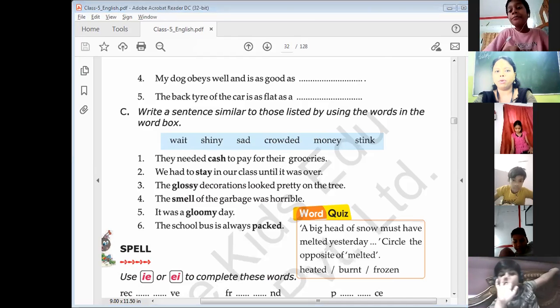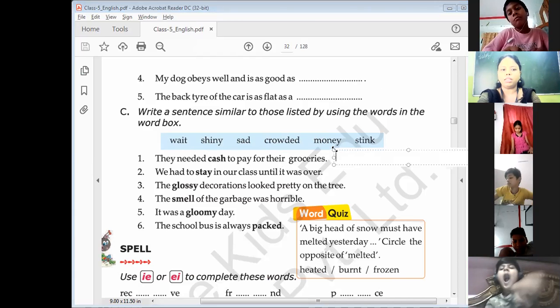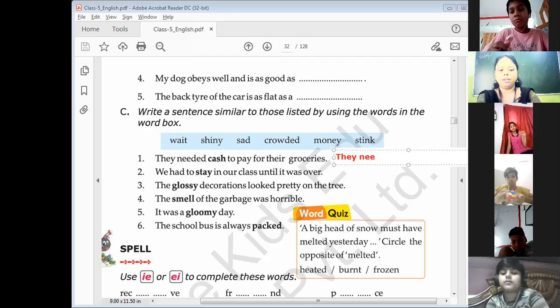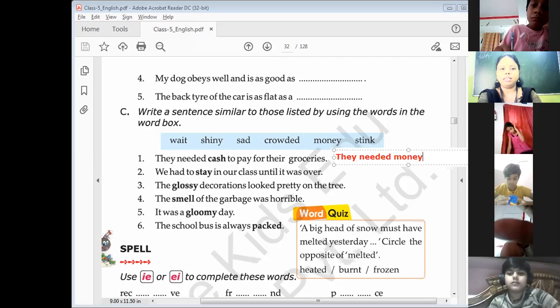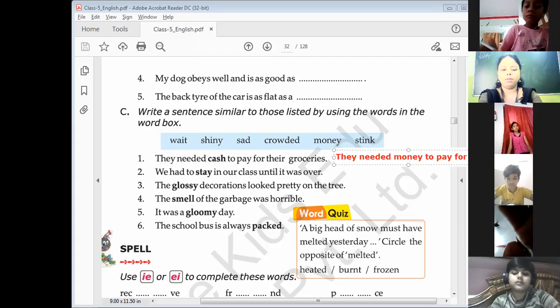समझ में आया सबको? What you have to do? You have to rewrite the sentence using the similar word. You have to write the same sentence: they needed money to pay for their groceries. In place of cash, you have to write money. Understand?